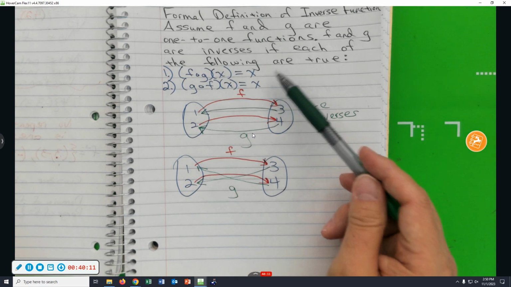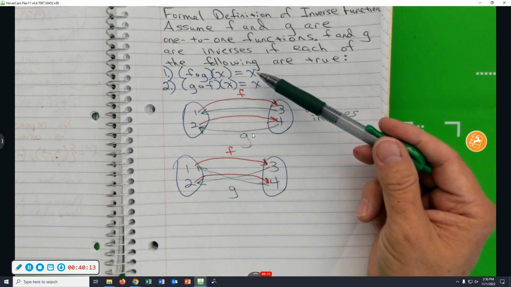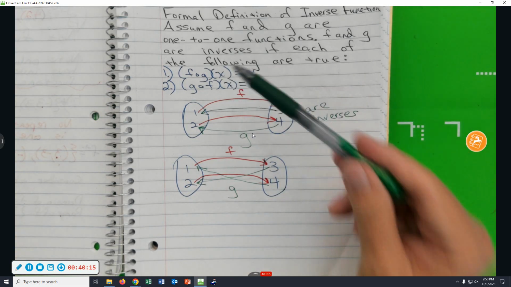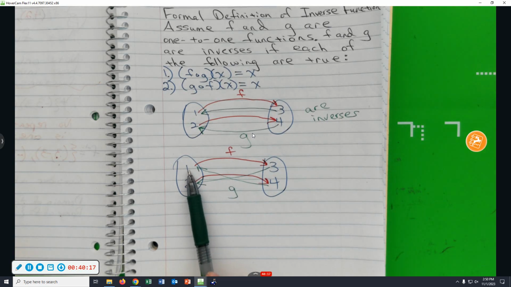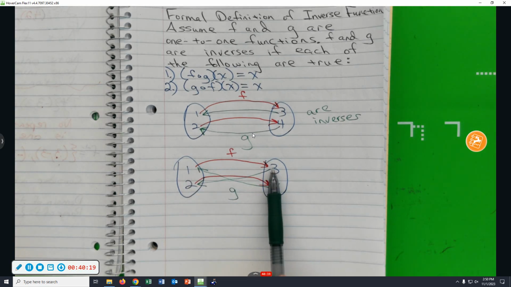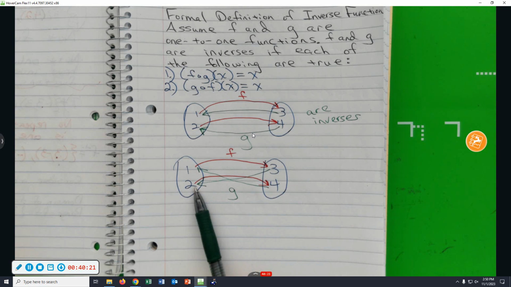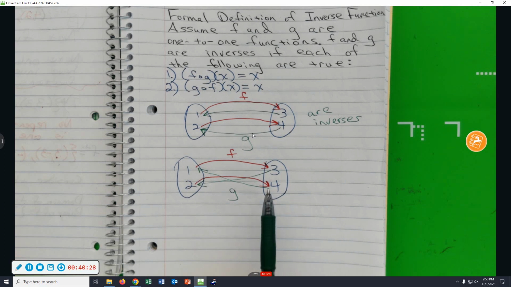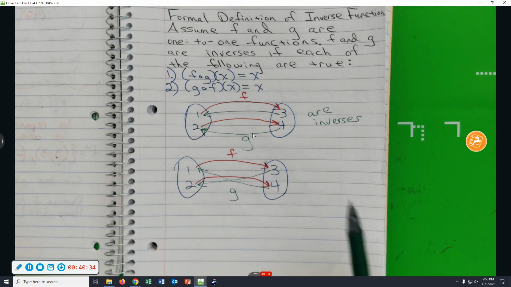But this definition says, are you going to end up where you started? Let's start at 1 and perform the two functions. 1 goes to 3, 3 goes to 2. You didn't end where you started. If you started at 4, 4 goes to 1, 1 goes to 3. You're not ending where you started.